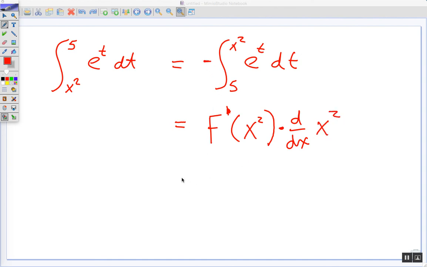So that gives us negative e to the x squared times the derivative of x squared, which is times 2x. So you should really write that as negative 2x times e to the power of x squared.